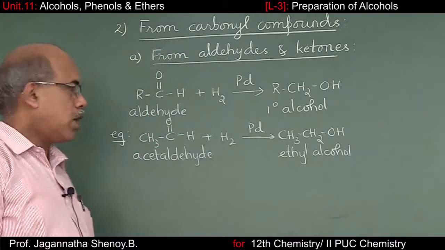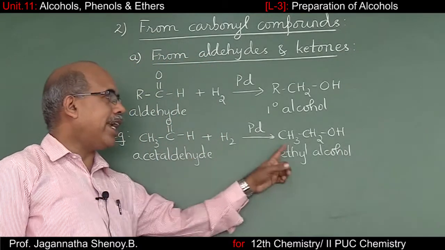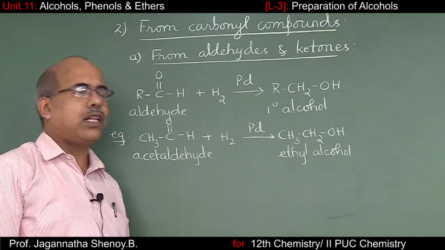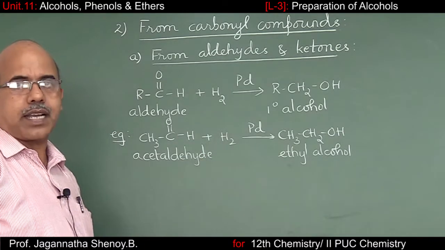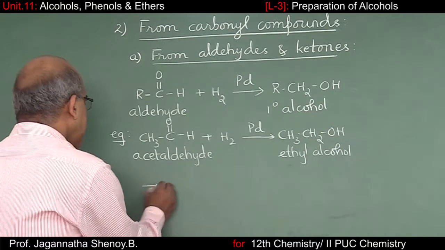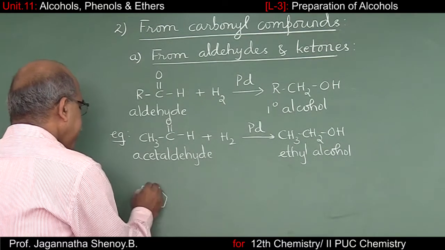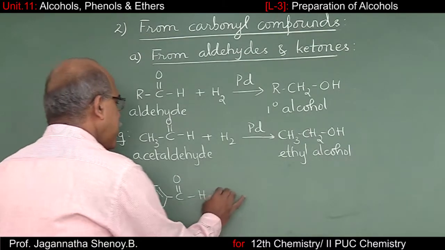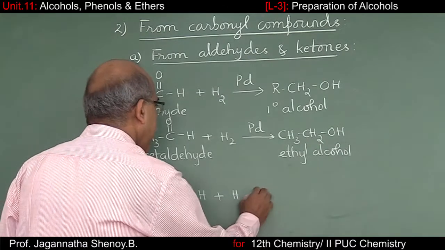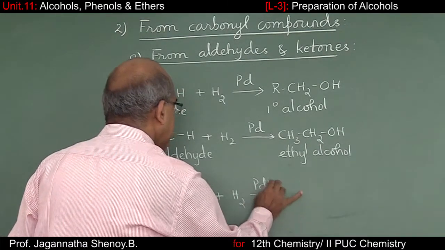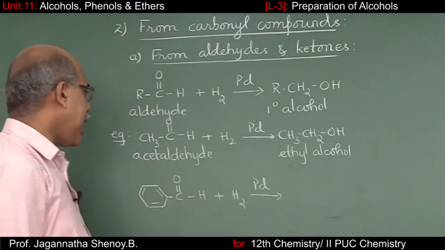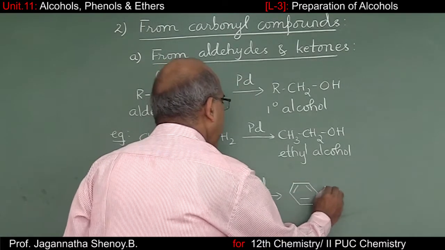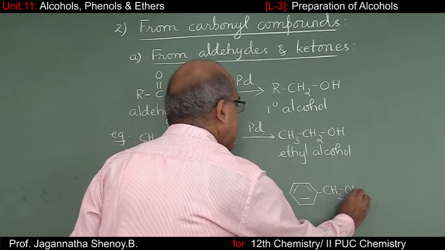So if they ask you how do you convert acetaldehyde into ethyl alcohol, you can consider this particular conversion. Similarly, if I start from benzaldehyde and subject it to the same conditions, that is hydrogen and palladium, the product formed must be a benzene ring with CH2OH.